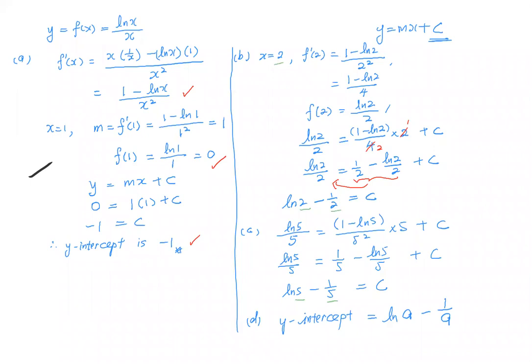Okay, so now how to do part E? When you do part E, you know that your f prime x is 1 minus ln x over x squared. Your f x is ln x over x. So now you are looking for when x equals a.